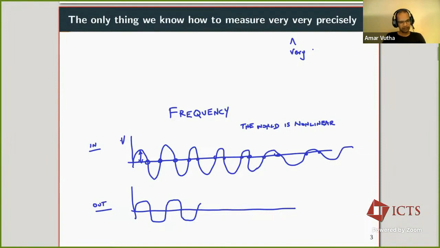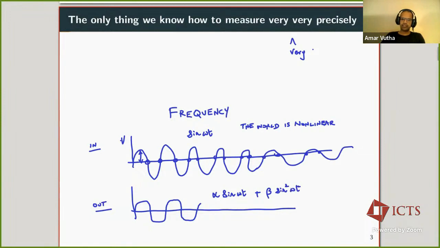On the other hand, frequencies are great because in the presence of nonlinearity, all that happens is that your input signal, which looks like, for example, sine omega t, tends to turn into some bit of sine omega t, that's the linear part, and then a little bit of nonlinearity that leads to a sine squared omega t.